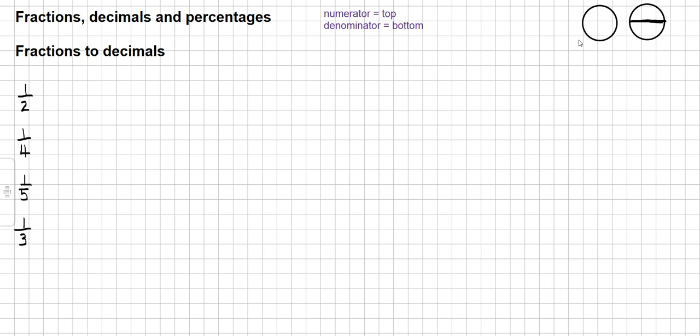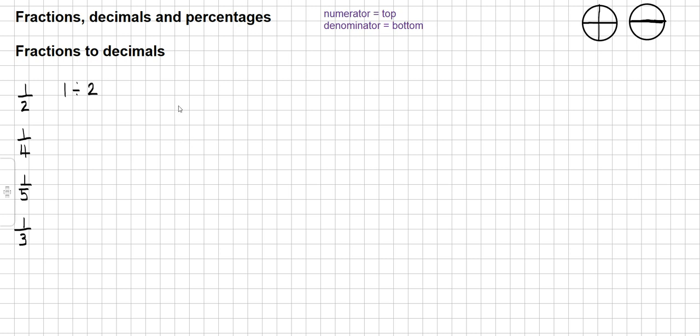So with a quarter, we'd have to divide it into 4. So just think of it in that way, and then we can recognize that it is a division. So based on that, we can say that 1/2 is just 1 divided by 2. And then we can do the sum as if we were doing any division.